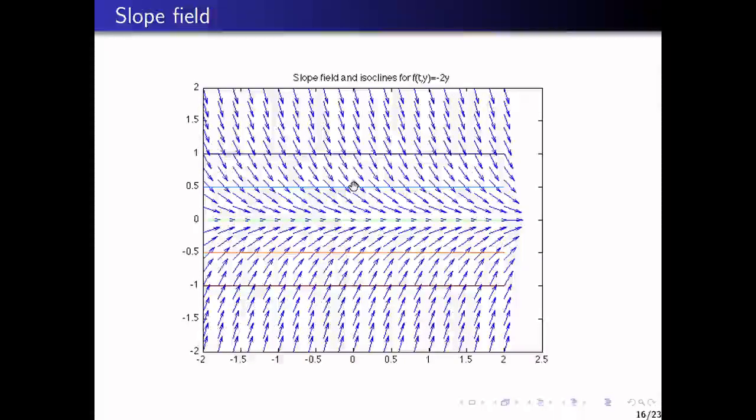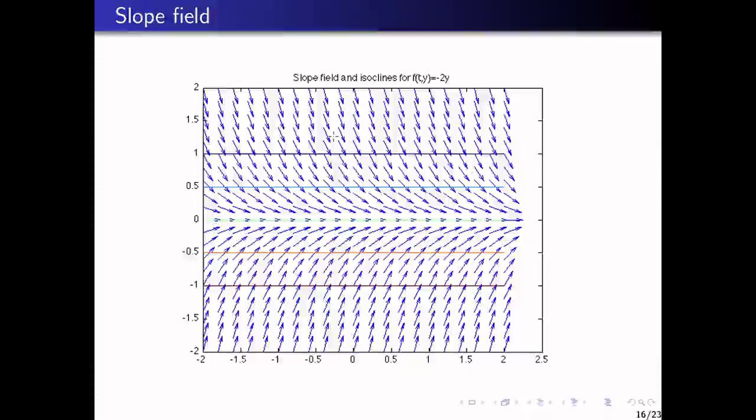Now here the differential equation dy/dt = -2y is an easy differential equation to solve. But many times the differential equations have complicated solution formulas, or sometimes they don't have an explicit solution at all.